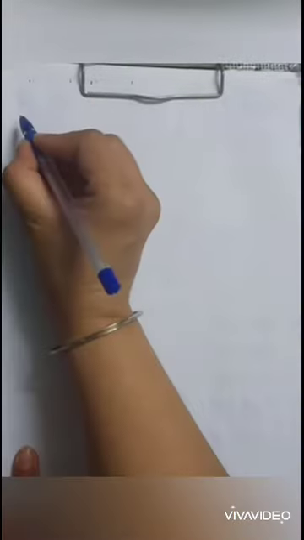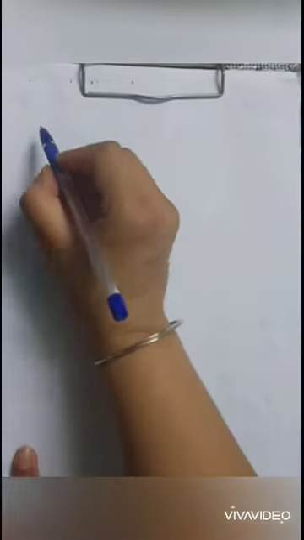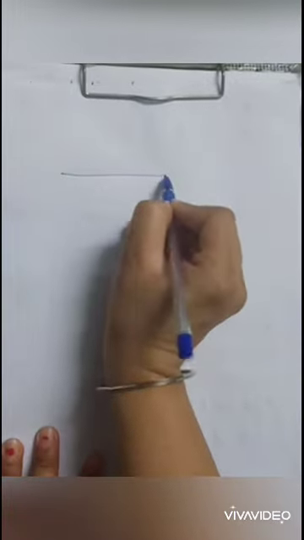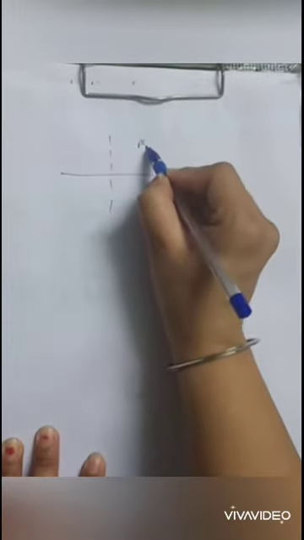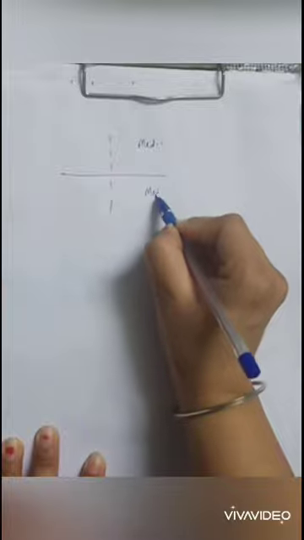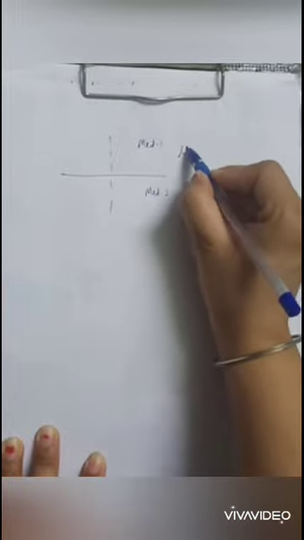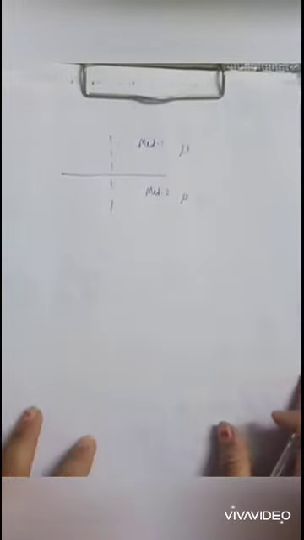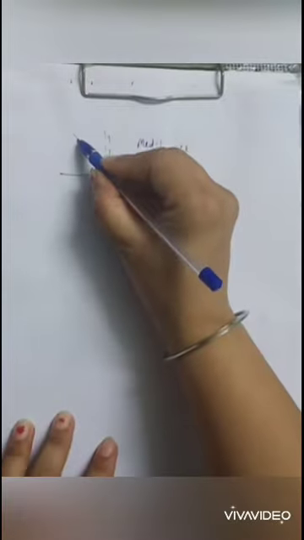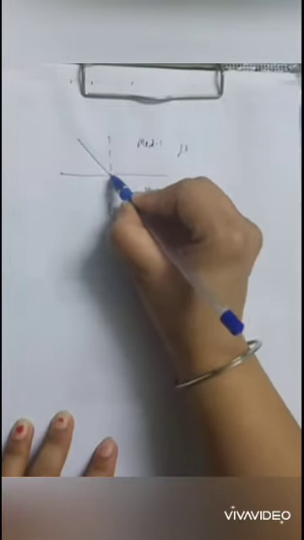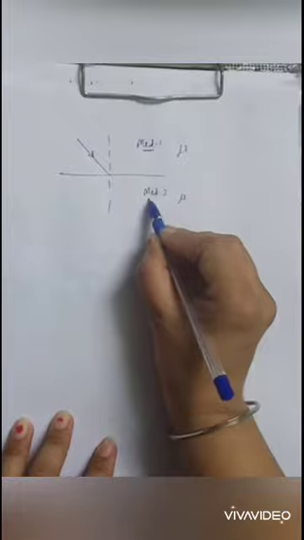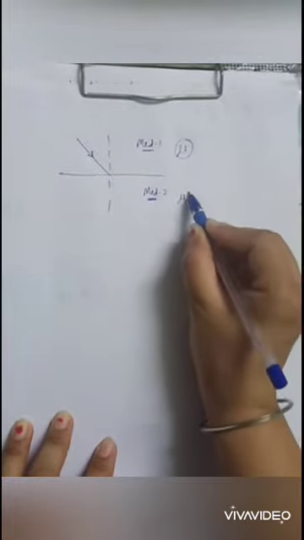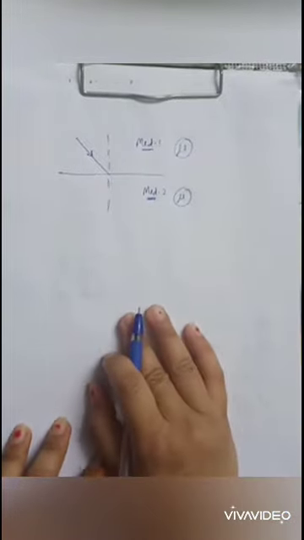Okay, now tell me what happens when a ray of light goes from medium 1 to medium 2 having the same value of refractive index.